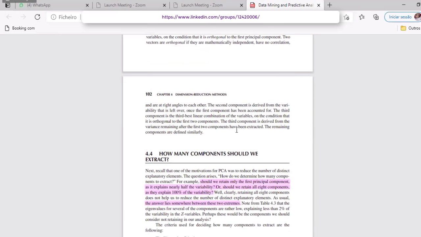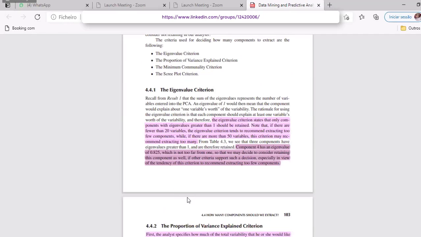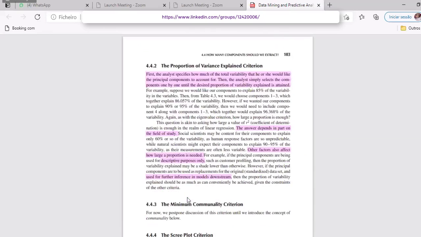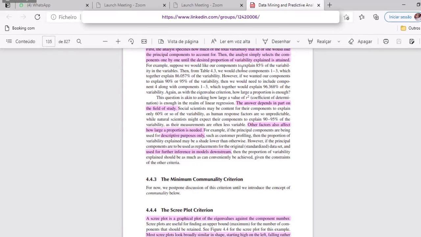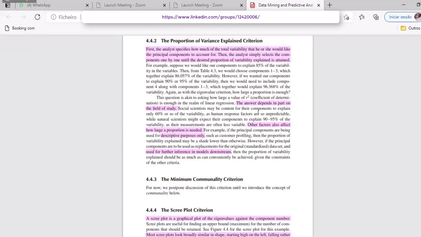And in the book, it is explained that this depends on the field of study. If you are dealing with social sciences, for example, you can settle with a lower variability because you know that human response is not predictable or precise like the numbers of science.